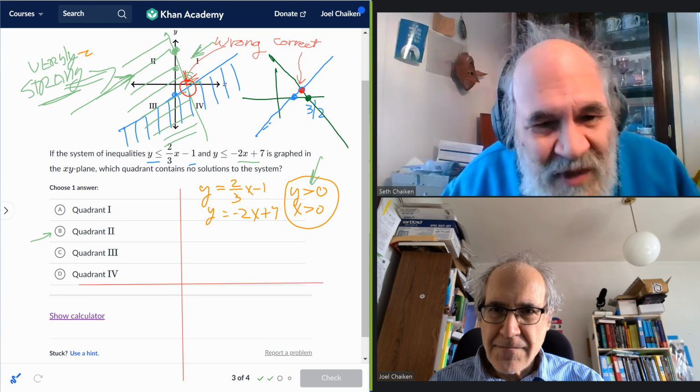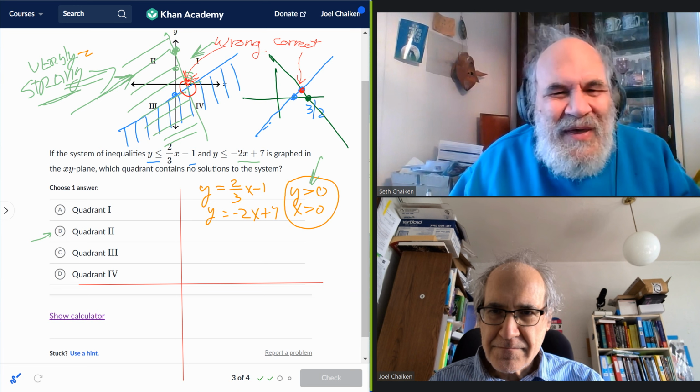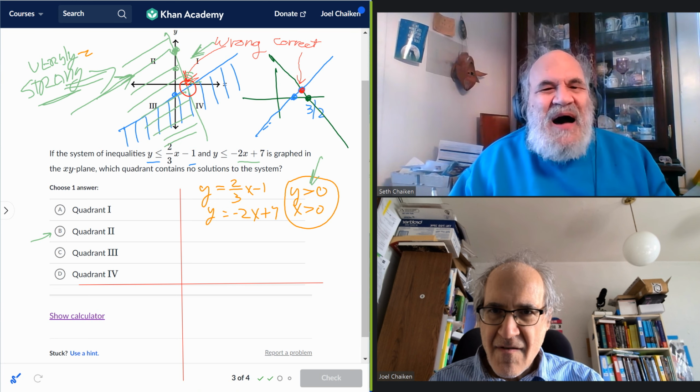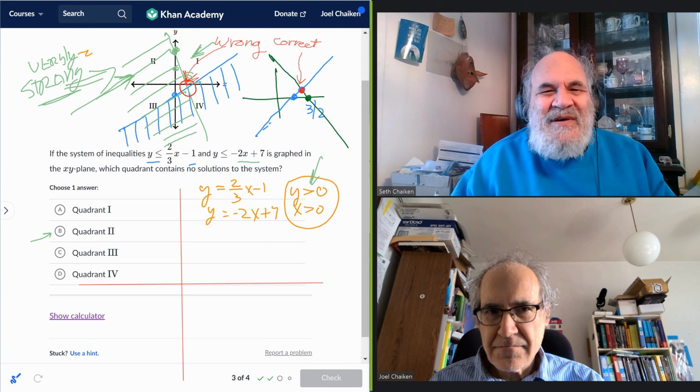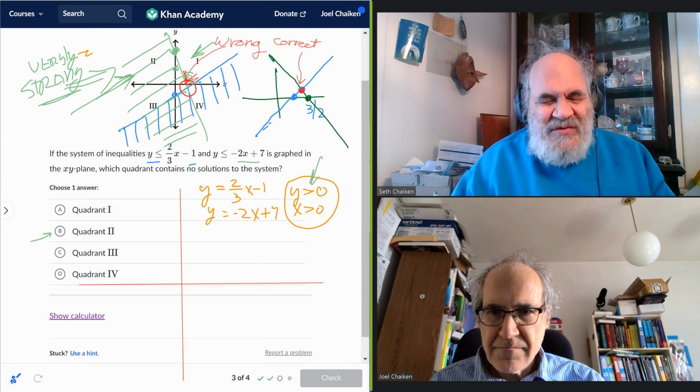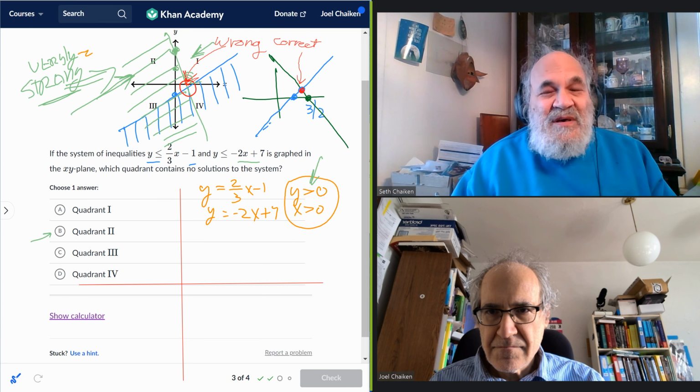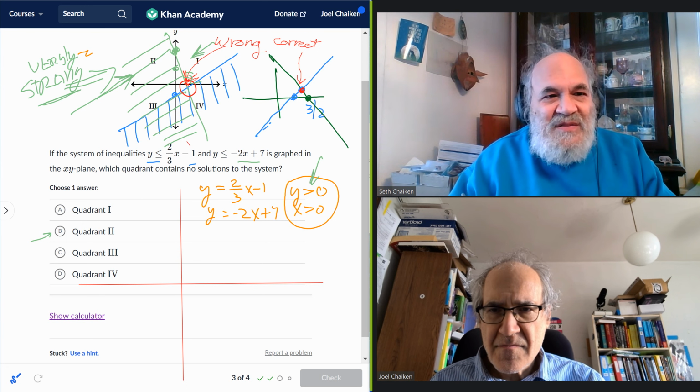The blue line has positive slope, and the y-intercept is obviously -1.